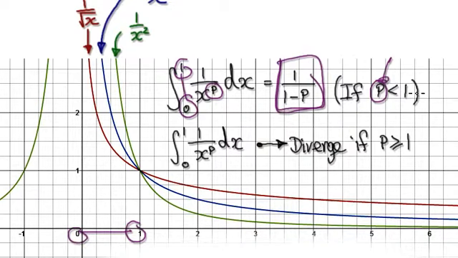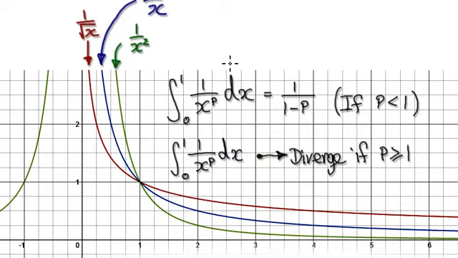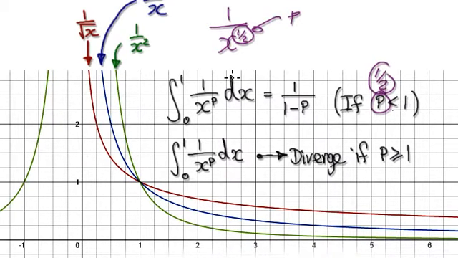So for example, let's write 1 over the square root of x as 1 over x to the power of a half. This is your p here. P in this case is a half, and a half is less than 1.